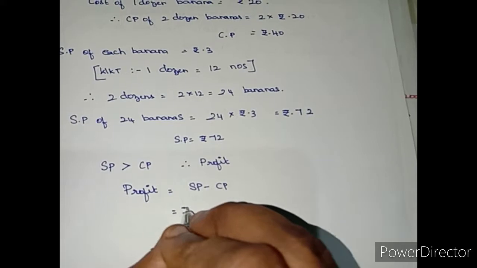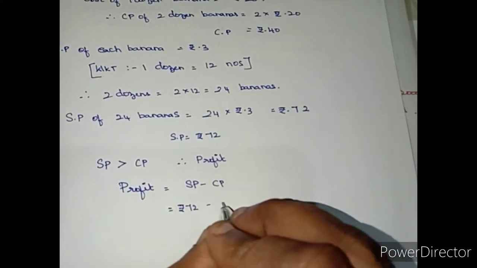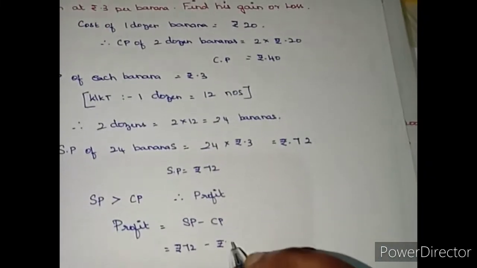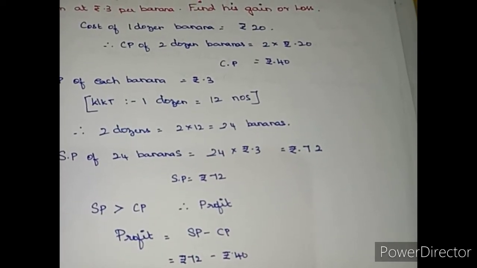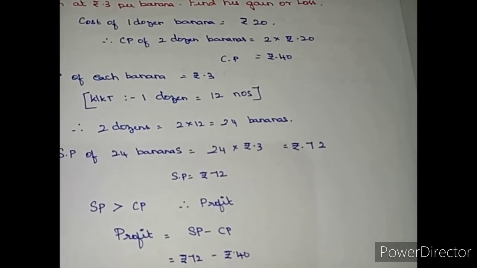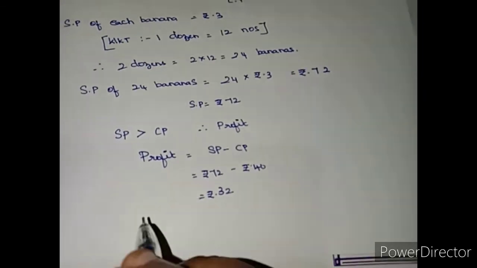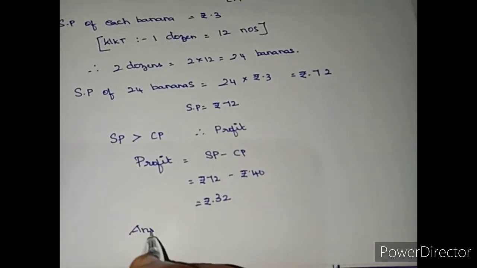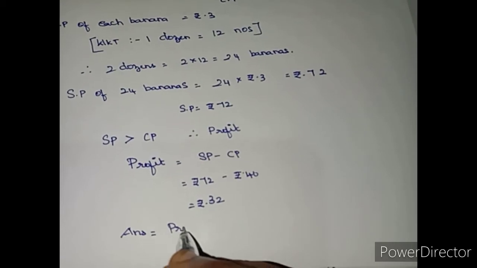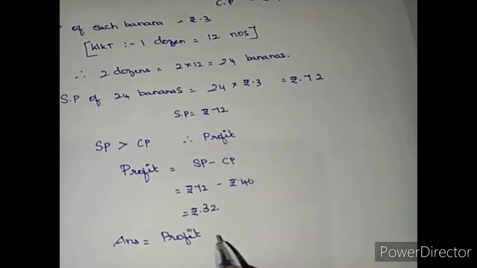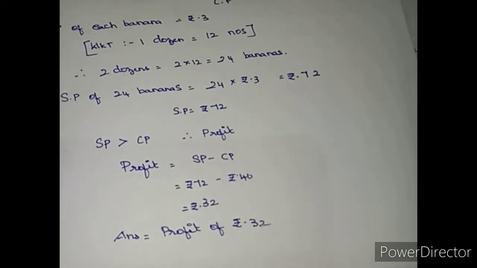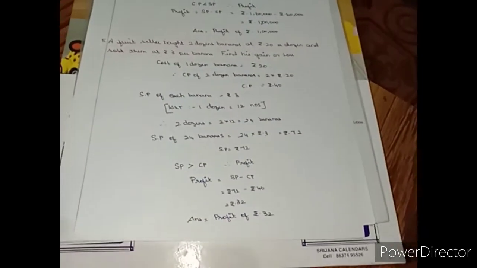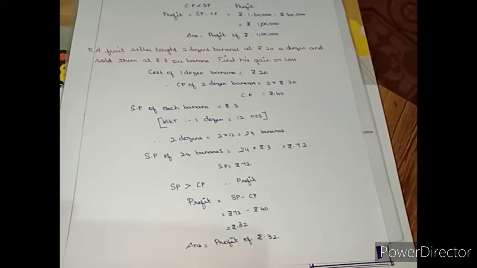SP is 72 minus CP is 40. It is 32 rupees. So what is the answer? Answer is profit of rupees 32. Okay, we'll go for the next question.